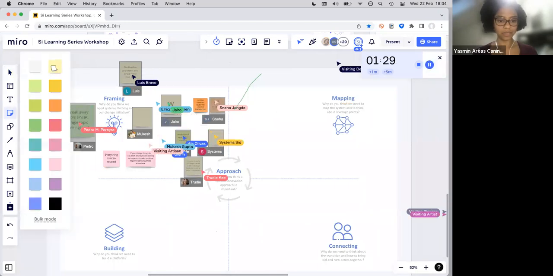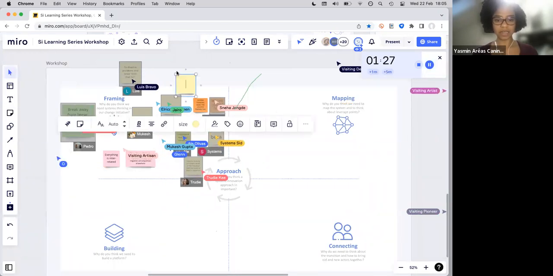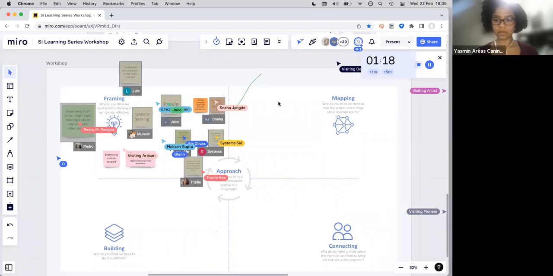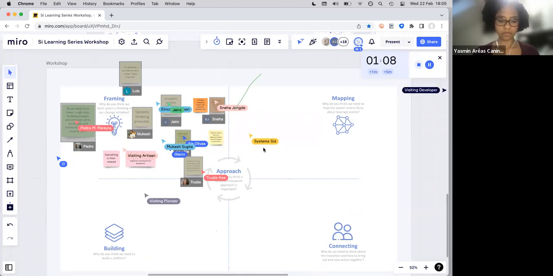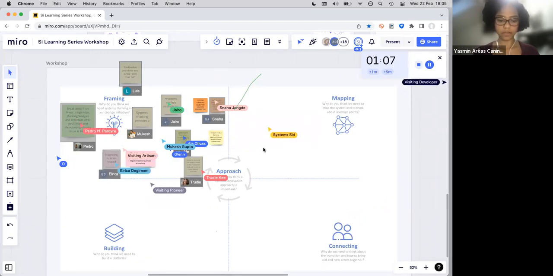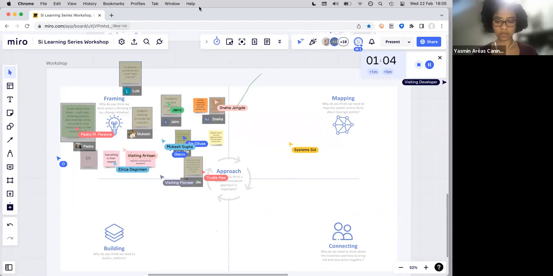And you can just click on the sticky note and click on the board where you want to put the sticky notes and just write there, okay? Yeah, if you have any questions, of course, you can use the chat or just address them.